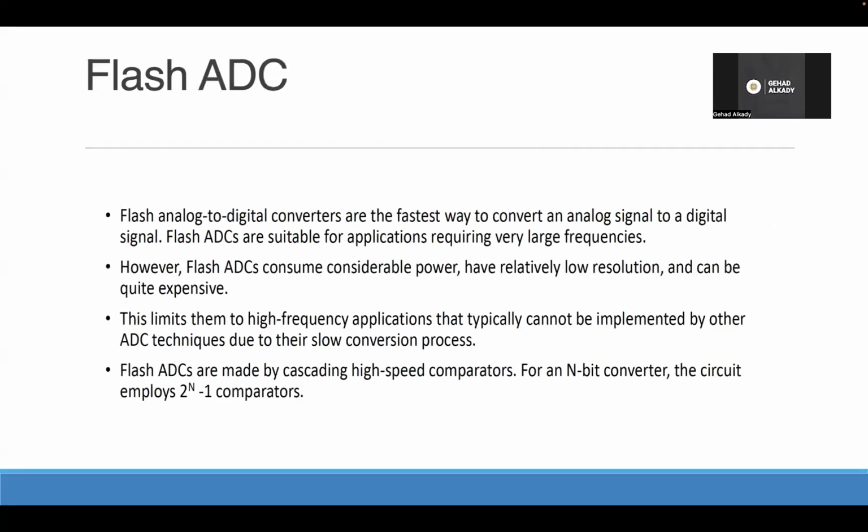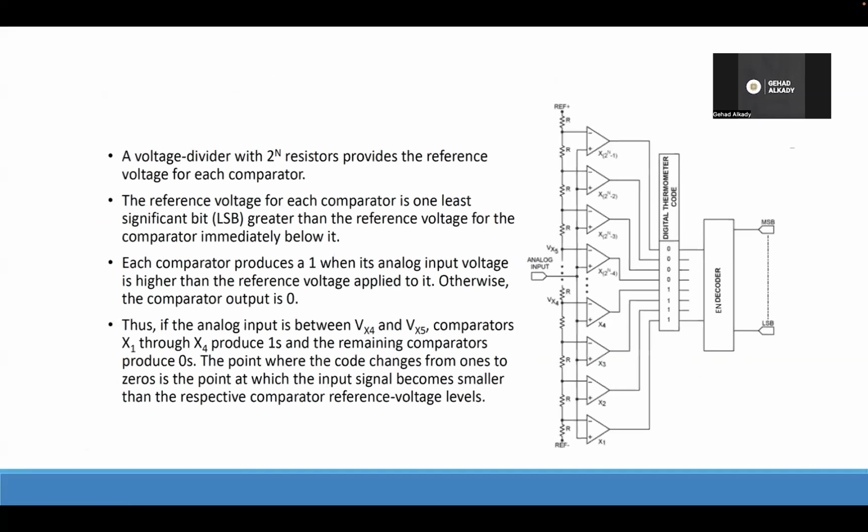The flash ADC is the fastest way to convert from the analog signal to digital form. This happens because, if we see the architecture here, we have a group of comparators. This group of comparators is connected to the VREF negative and the VREF positive values.